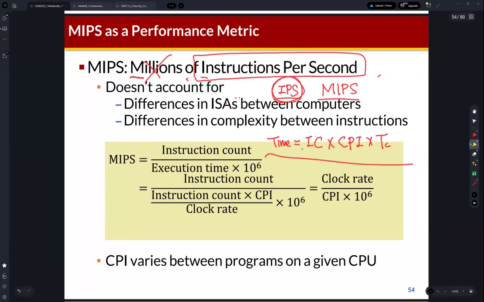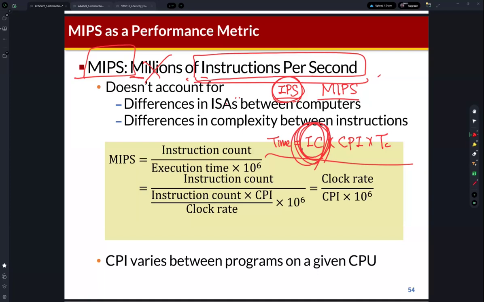Actually, this part is missing: the instruction count. If the instruction count is the same, then we can use MIPS as the performance metric to compare the performance. But when you mention MIPS, the instruction count is missing.